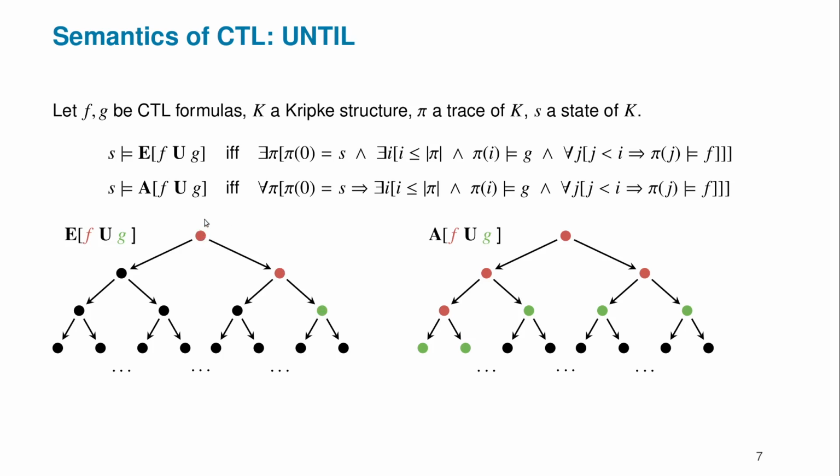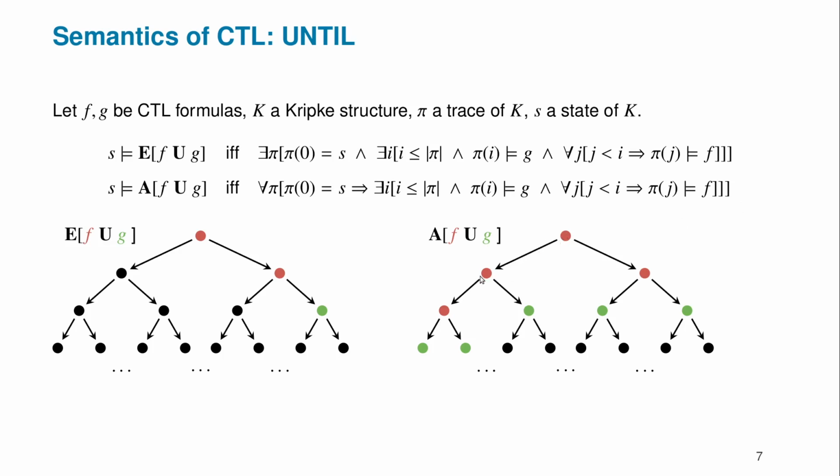And for the universal quantification, we simply require that on all possible paths starting with S, we find a state where G holds, and we also require that on all states that lead to this state where G holds, F has to hold. And this gives us this picture we have here.